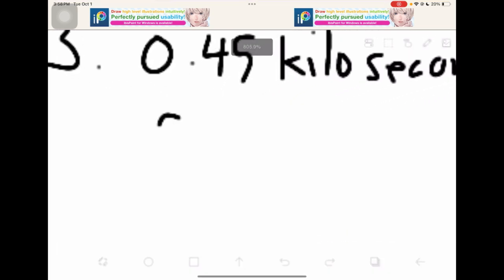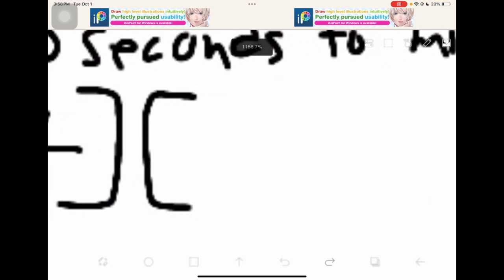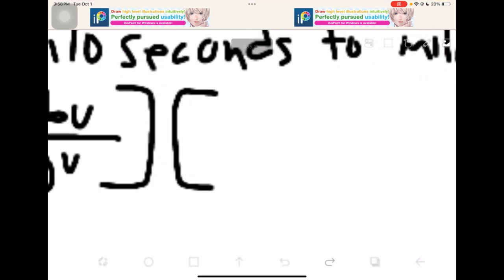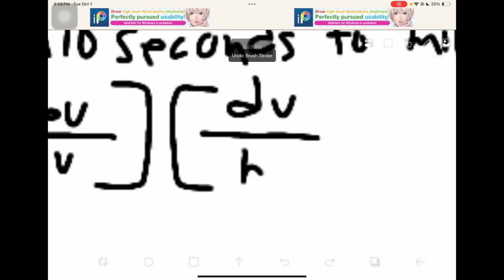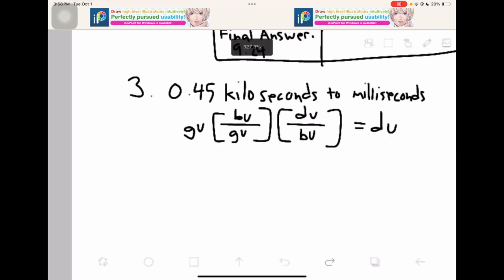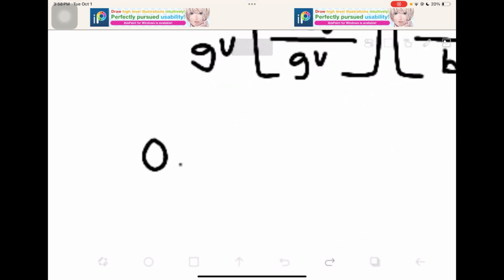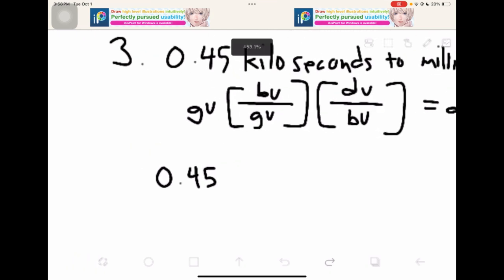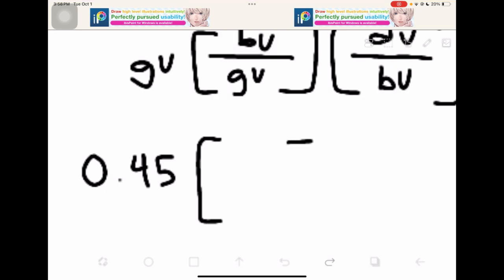Remember, given unit is multiplied by the base unit over the given unit, multiplied again by the desired unit over the base unit, and then is equal to your desired unit. So let's visualize this. 0.45 kiloseconds, so just ks, and then we put this over here.